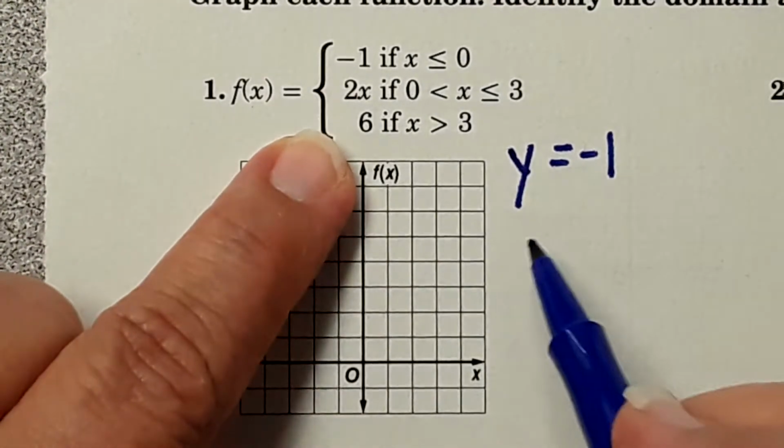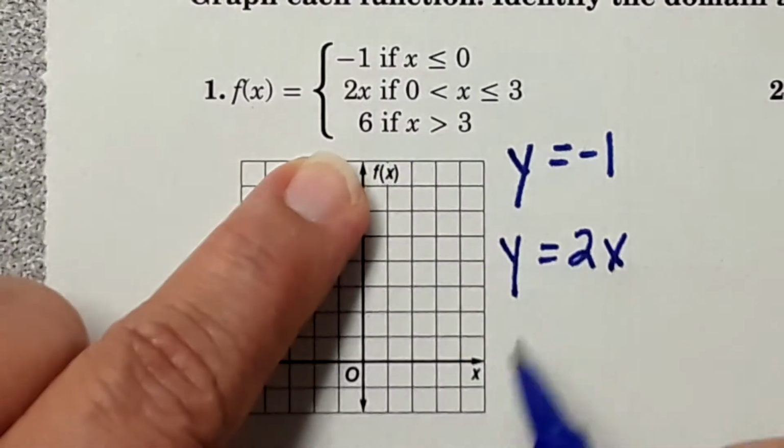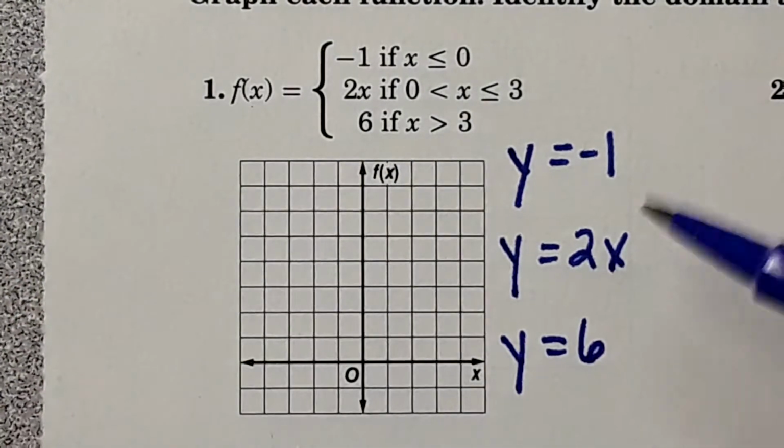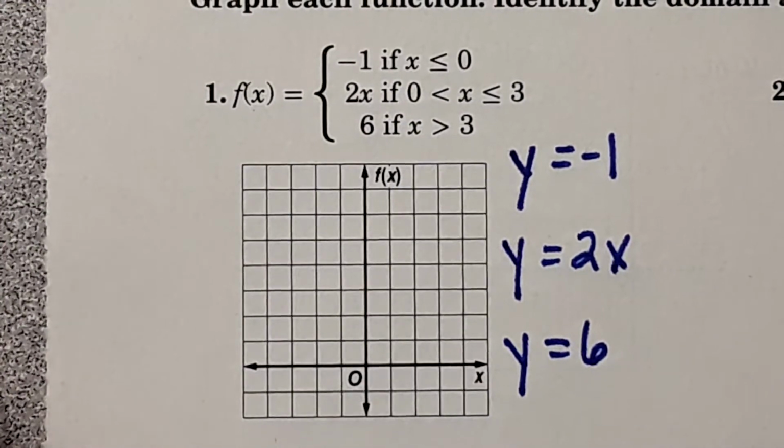This one right here is y equals 2x, and this one is y equals 6. Y equals -1 and y equals 6 are both going to be horizontal lines. What we have to decide is if it's going to be an open or closed circle and which direction we're going to graph the line, okay?